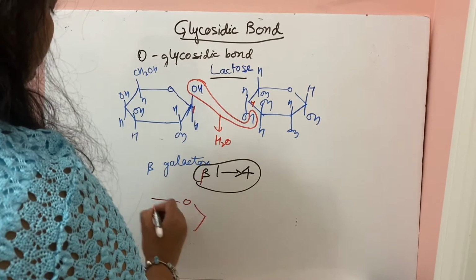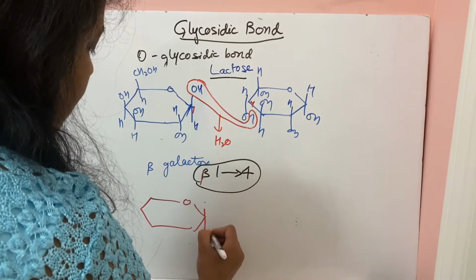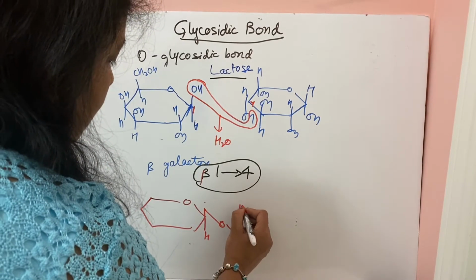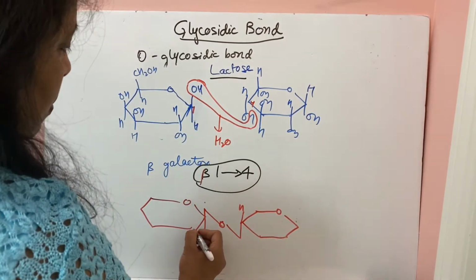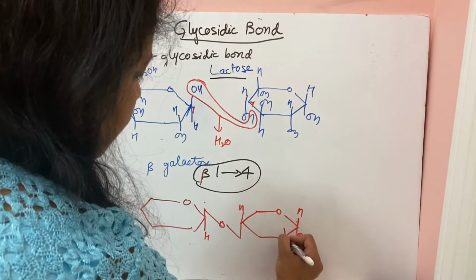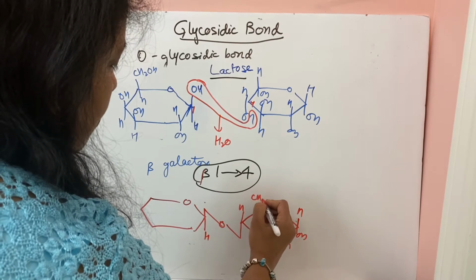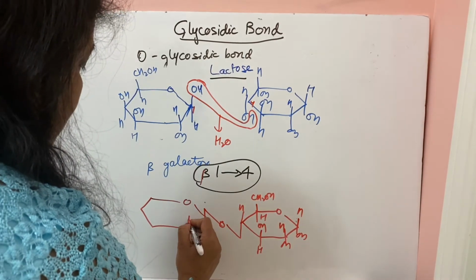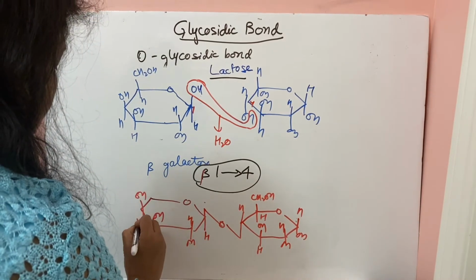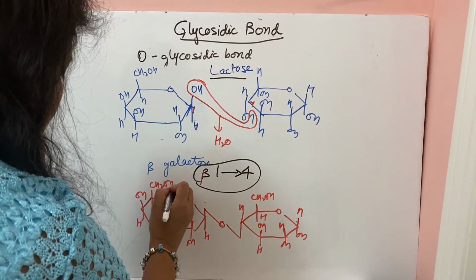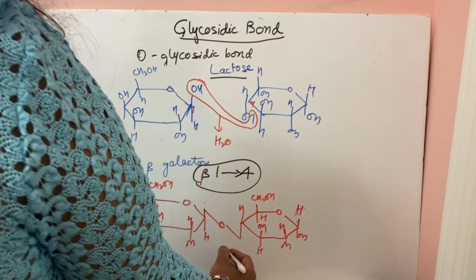So the lactose is formed. So beta 1,4 glycosidic bond is formed between these two. The product is lactose.